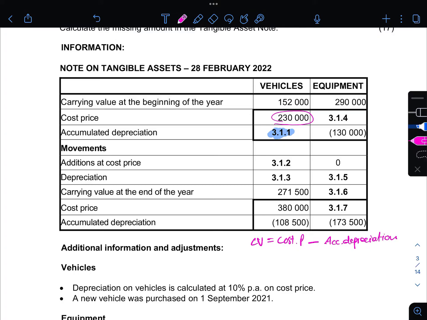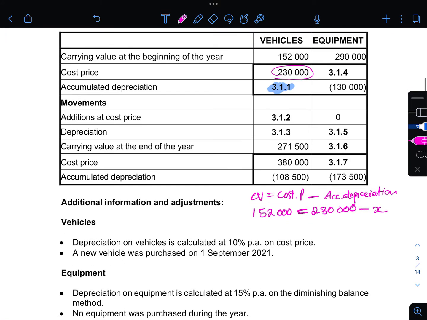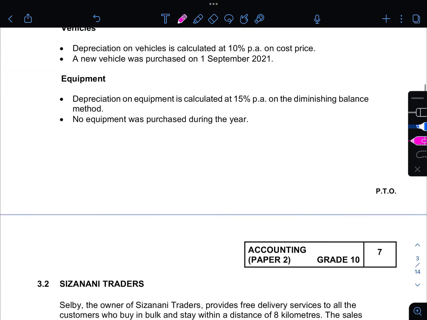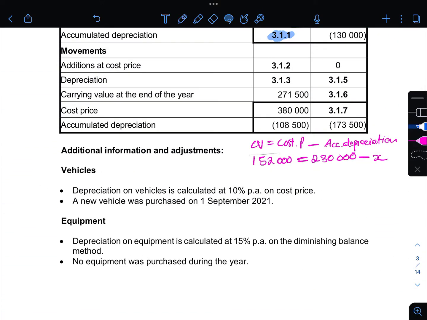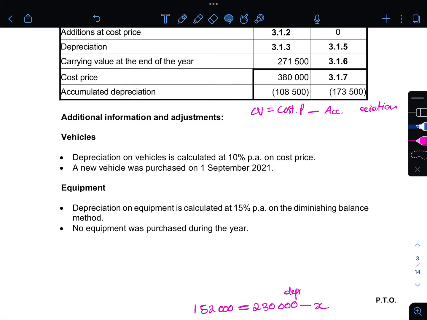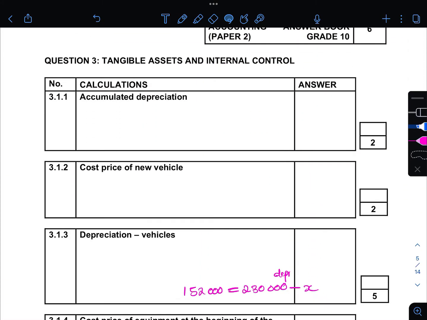So our carrying value is 152,000, equal to our cost price of 230,000 minus the accumulated depreciation, which we don't know. From there, you can simply solve for x.